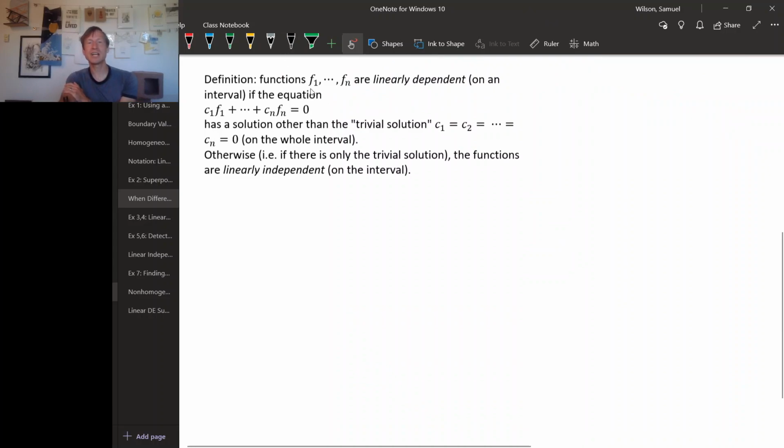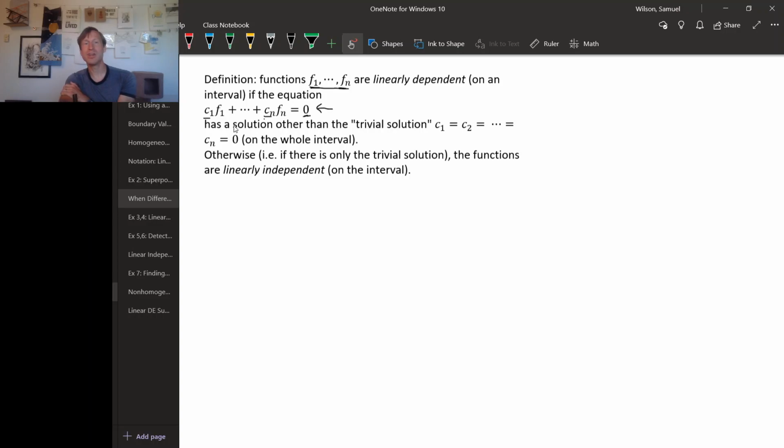So if you have a collection of functions, f1, f2, f3, all the way through f sub n, on some interval, if you can find a solution to this equation, so a combination of all of your f's, that gives you 0, in some way other than choosing all of the zeros, then these aren't sufficiently different, and that's called being linearly dependent.